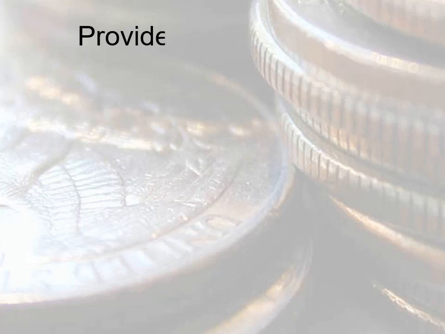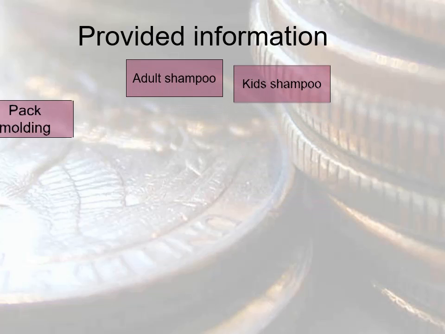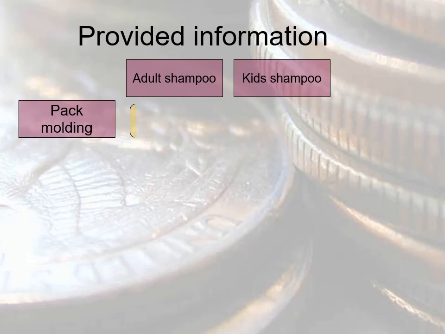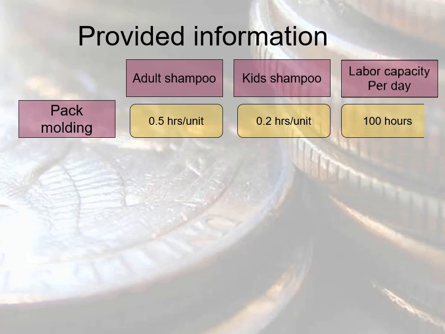The information provided in this example is that in the back molding section, we need 0.5 hours per unit to produce 1 unit of adult shampoo, and we need 0.2 hours per unit to produce one single kids shampoo, and the total labor capacity per day is 100 hours.